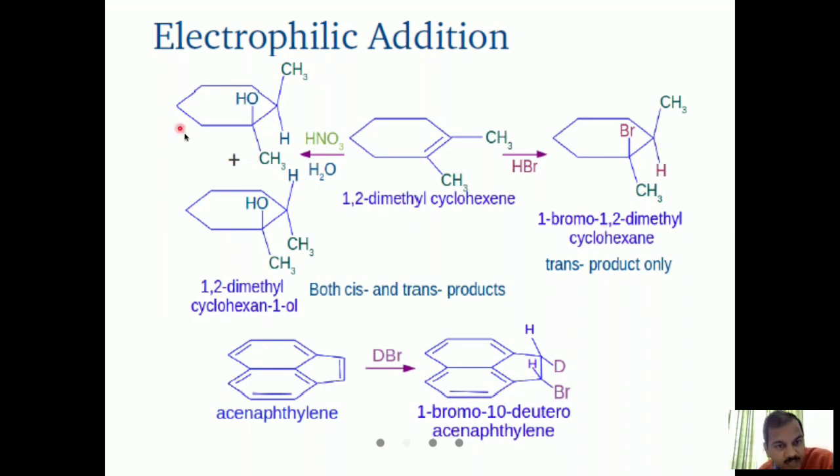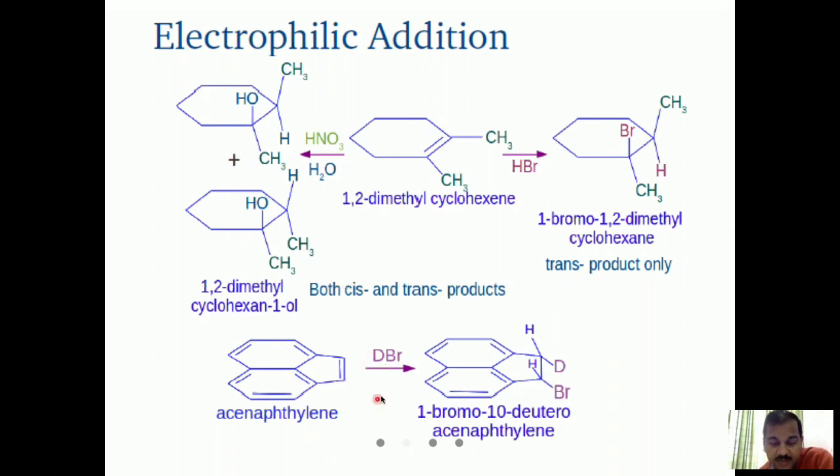Whereas if both are formed, it means the intermediate is a carbocation. That will be planar and both sides will be open for reaction in the second step. So both cis and trans products form.